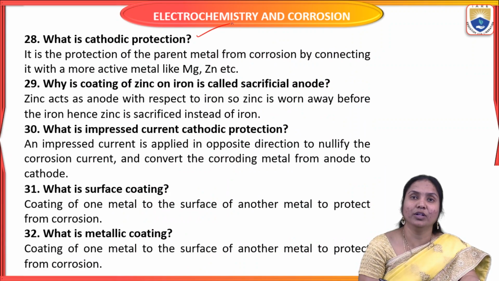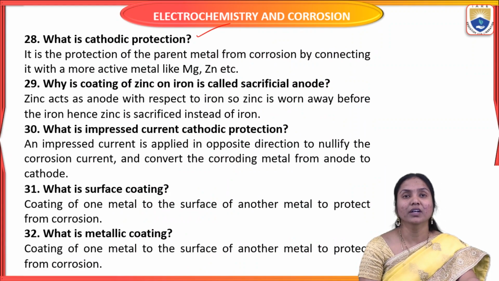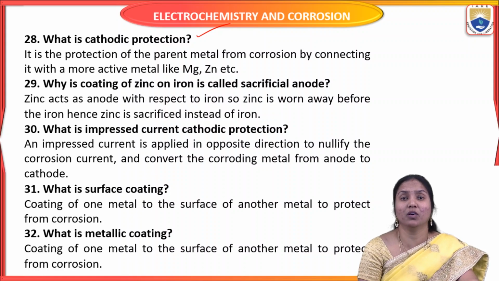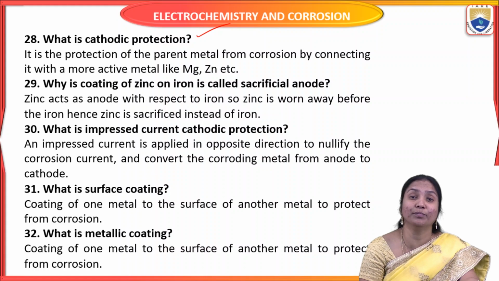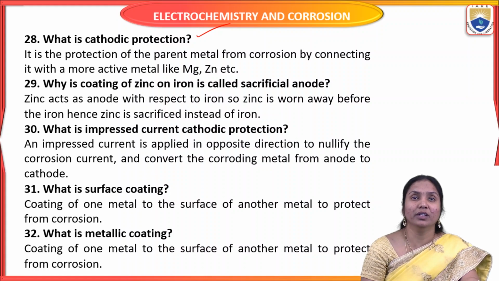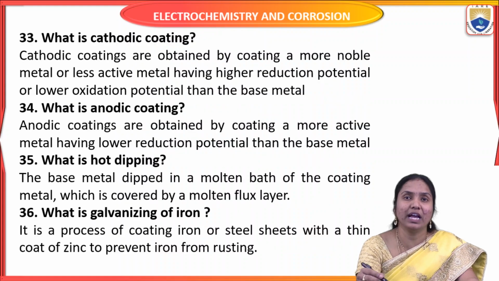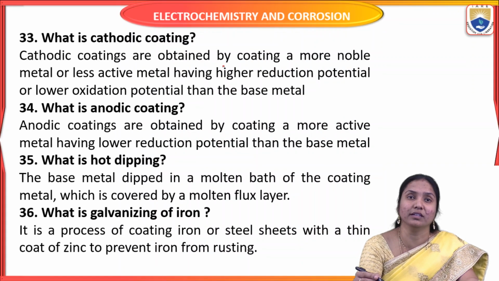So what is cathodic protection? We already know that corrosion is concentrated at the anodic area, while at the cathodic area reduction reactions take place but do not affect the cathode. We already discussed this in previous classes on cathodic protection methods. Here we'll discuss the definition of cathodic protection, cathodic coatings.